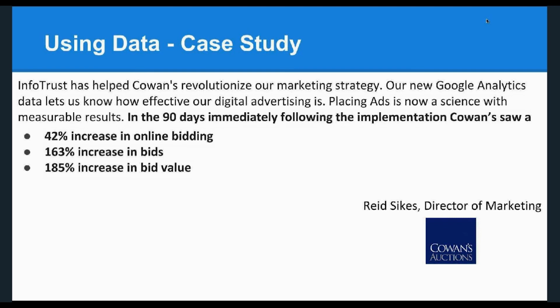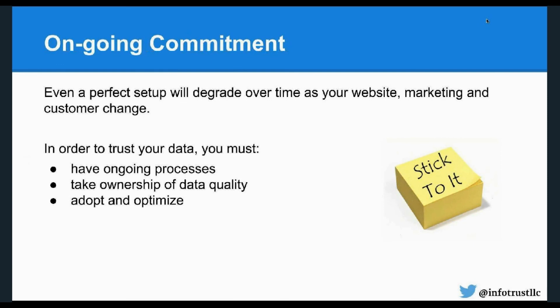Within 90 days, you can see the increase in online bids, bidding activity and bid value. It just went through the roof because the data became so appealing. It was easy to say, this is what needs to be done next. It was easy to structure an experiment, to structure a test, and to continue on this path.